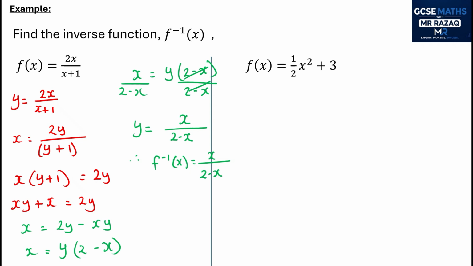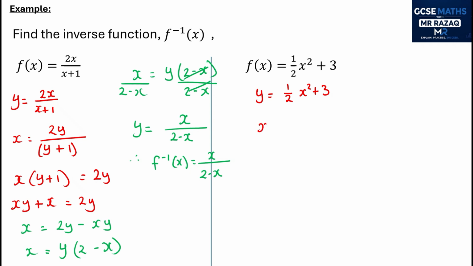We have another example as well. So the next example, again, we'll do the exact same thing. So y is equal to 1 over 2 x squared plus 3. And then instead of writing y and x, I'm going to substitute them. So I'm going to change them.